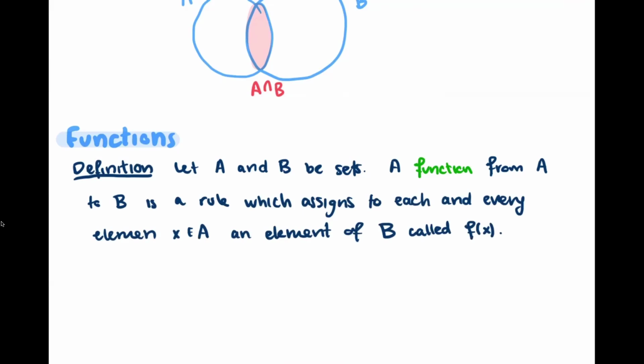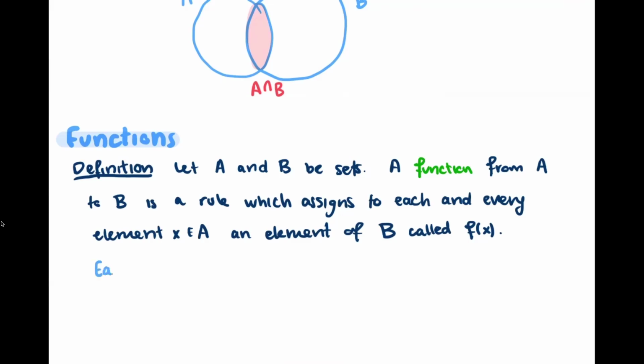So a function from A to B takes inputs in A and spits out an output in B. And I want to emphasize that, so I'll just write this. So every input, so every element of A has an output, and it only has one output.